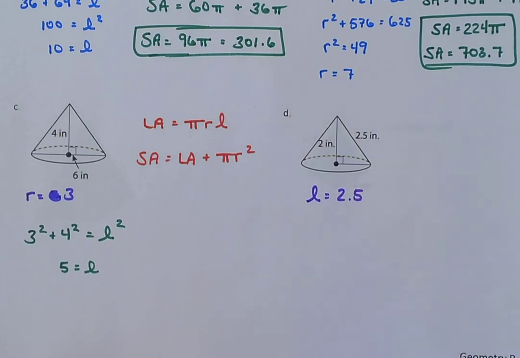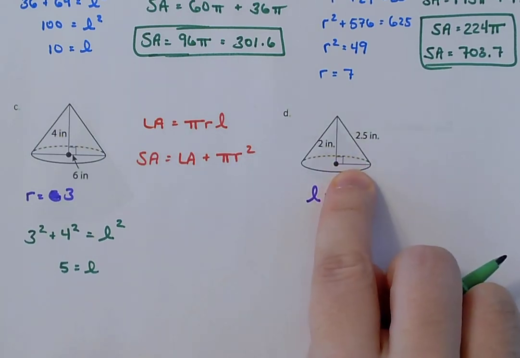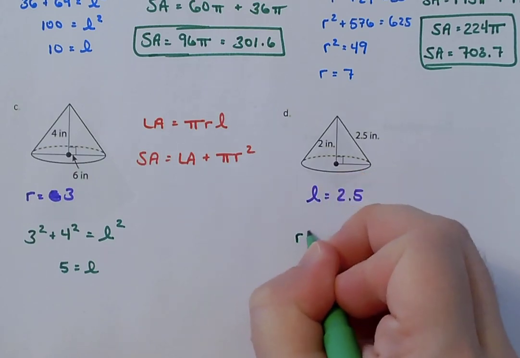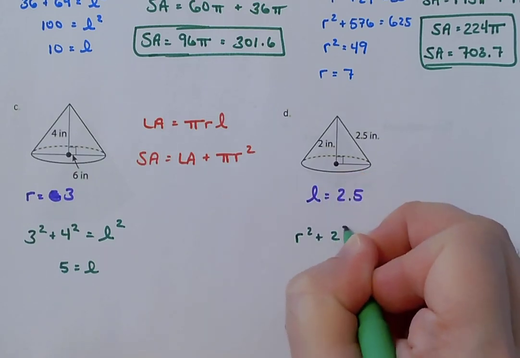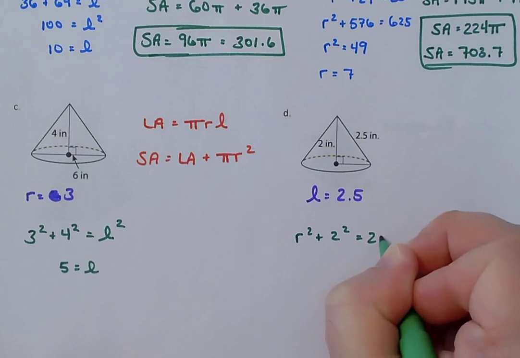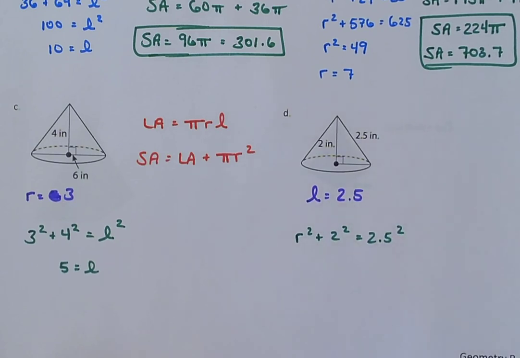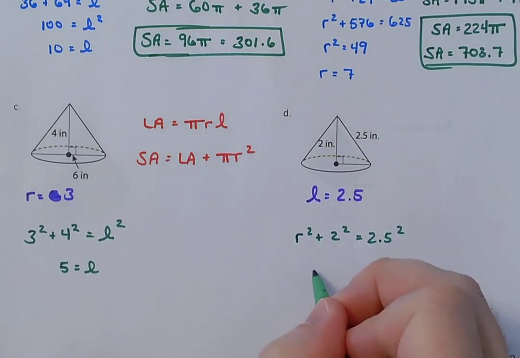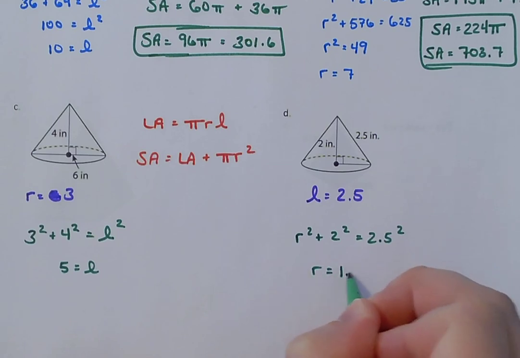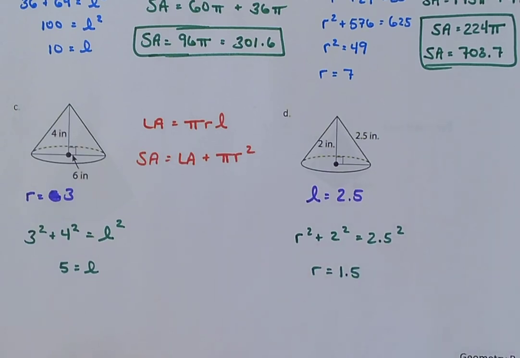So you have to figure out the radius. So to figure out the radius, it's r squared plus 2 squared equals 2.5 squared. And that's going to give us a radius of 1.5.